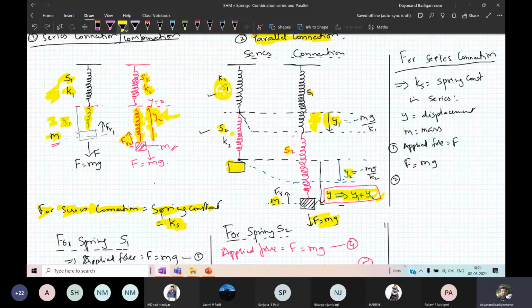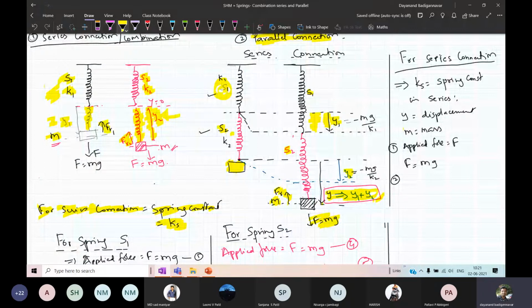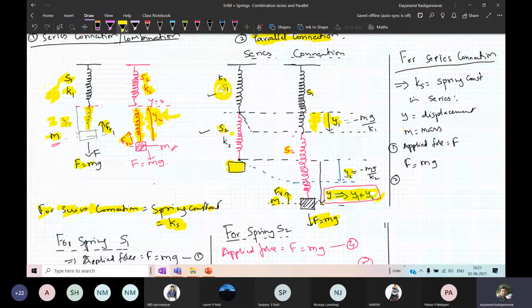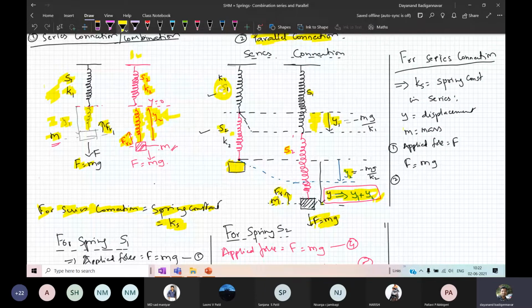It is taken as Fr1. F is the applied force. Fr2 is the restoring force in the second spring. Here I have taken the force as F, restoring force as Fr. I have numbered it just to make the differentiation.